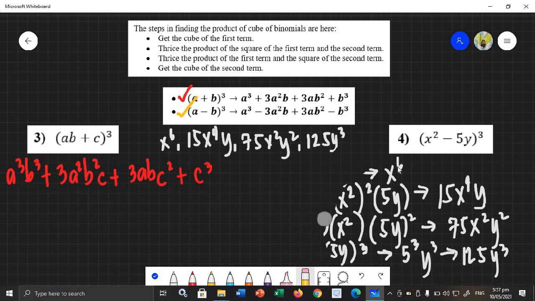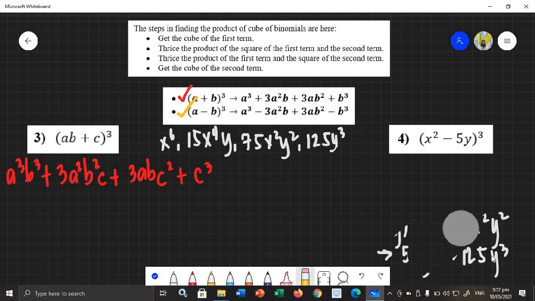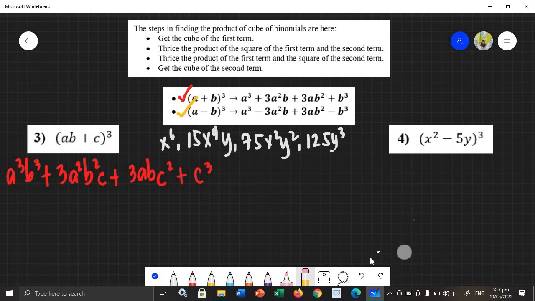So the pattern that we are going to use is the second one, because the given cube of binomial is separated by a minus sign. So the signs of the product should alternate: positive, negative, positive, negative. So writing the product, we now have x to the 6th power, positive, and then minus 15x to the 4th y, and then positive again.